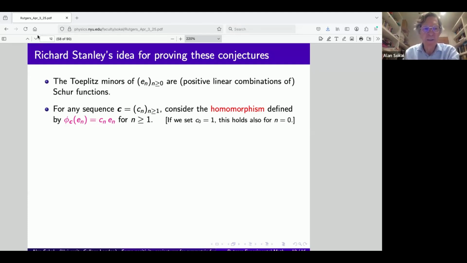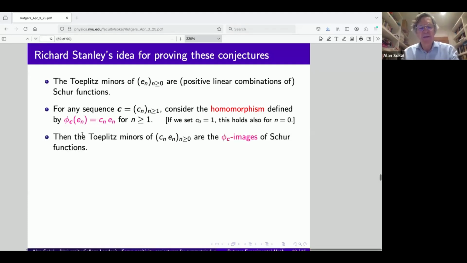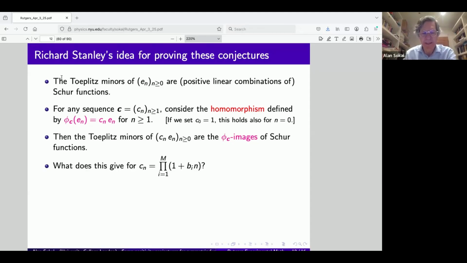So if you do that, then the Toeplitz minors of C_n E_n are just the images of Schur functions under this homomorphism. And so then the question is, are the phi_C images of Schur functions themselves non-negative in, well, I'm interested in the monomial basis.